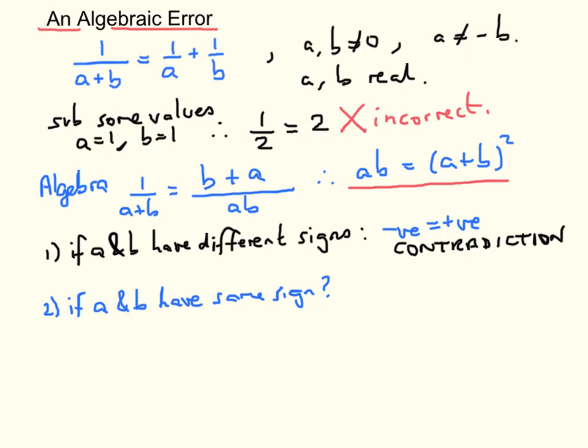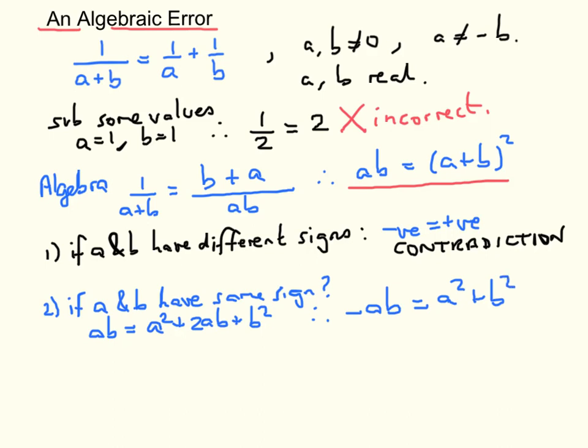So what we have is ab is equal to, and now expanding a plus b squared gives us a squared plus the two cross terms, 2ab, plus b squared. So now, on this equation here, which is just this expanded out, I'm going to take the 2ab over to this side. So we have minus ab, because it's ab minus 2ab, is equal to a squared plus b squared.